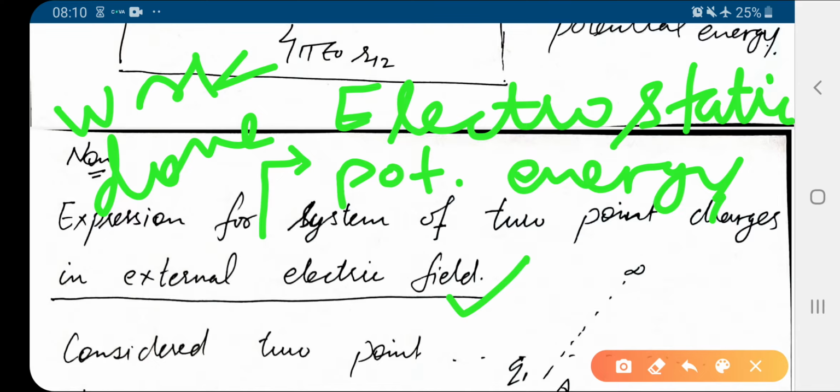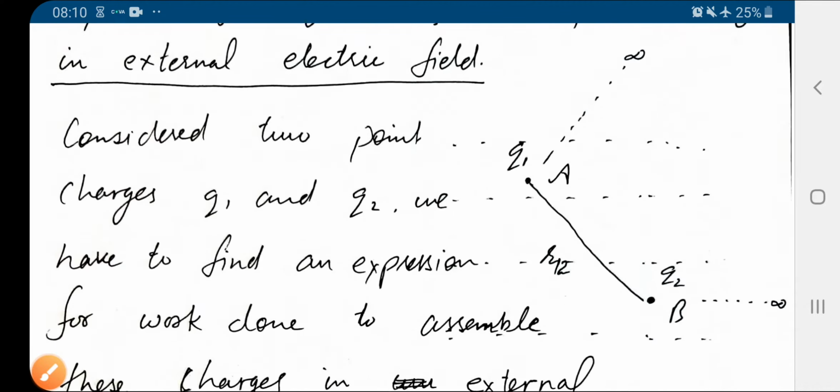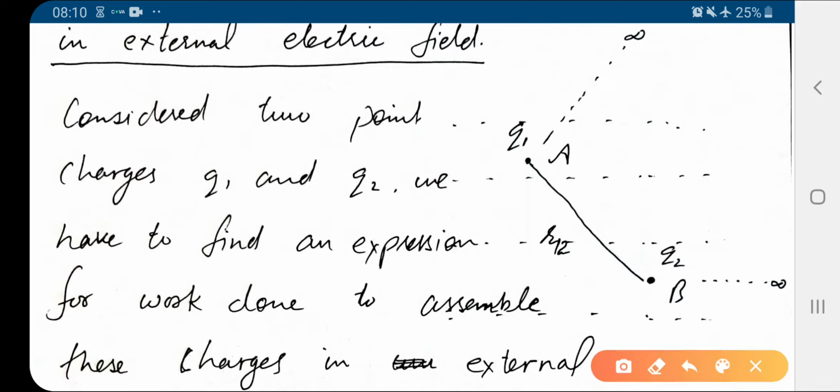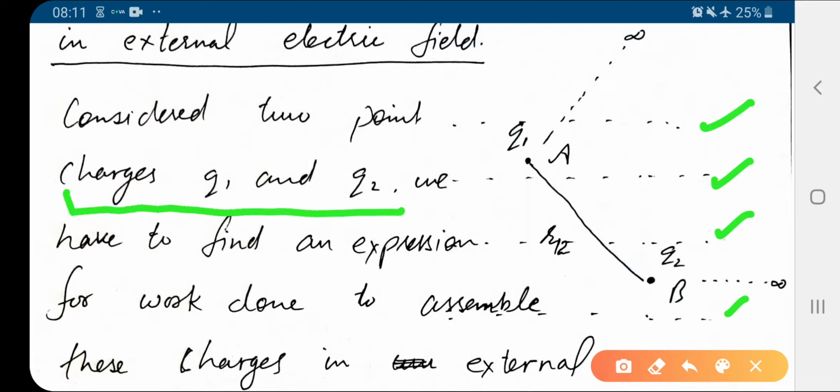So for that, consider 2-point charge. Suppose this dotted line denotes the electric field, and in this electric field we have to find the work done for placing the two charges. So consider 2-point charge which we have to place in the electric field.